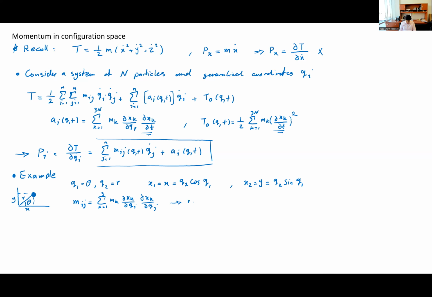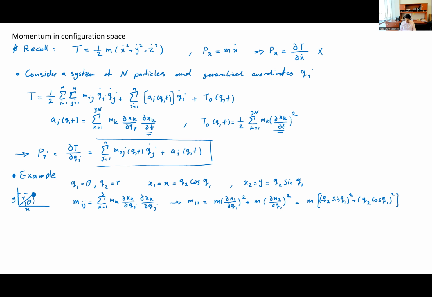So from here, M11 is going to be M (partial x1 partial q1) squared plus M (partial x2 partial q1) squared, which is M times (minus q2 sine of q1) squared plus (q2 cosine of q1) squared.